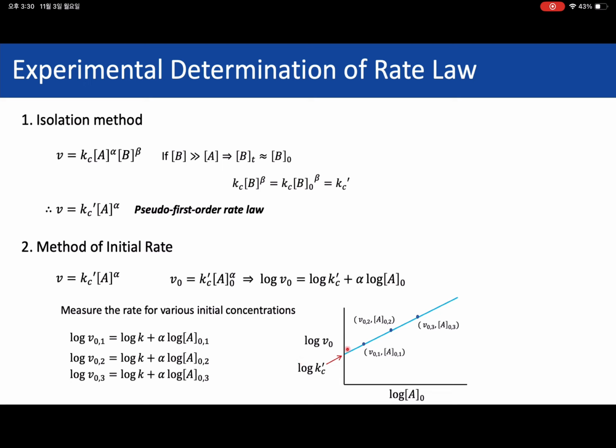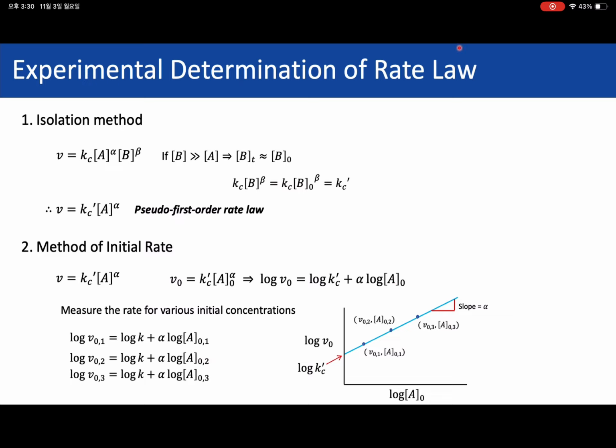We can estimate this rate constant from this intercept, and the slope of this line corresponds to alpha. By measuring the slope of this line, we can estimate the reaction order of species A.